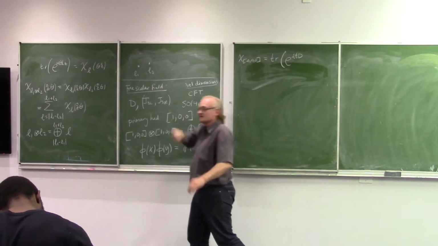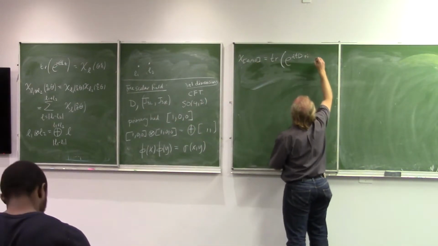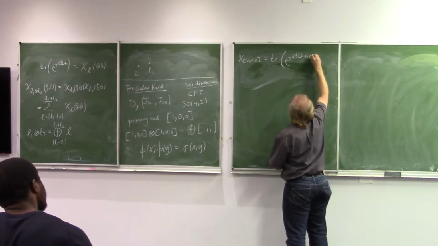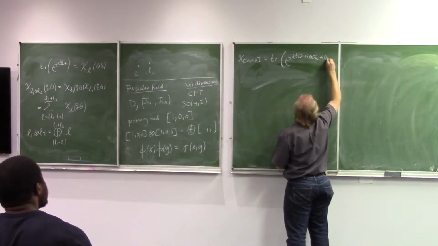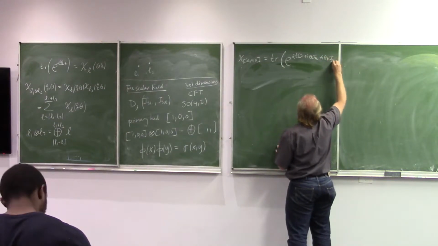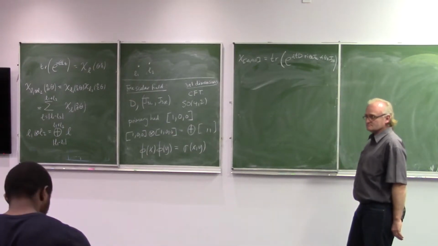That's the first thing inside our Cartan subalgebra. Plus i theta left J3 left, plus i theta right J3 right. So that's the trace we would like to calculate.